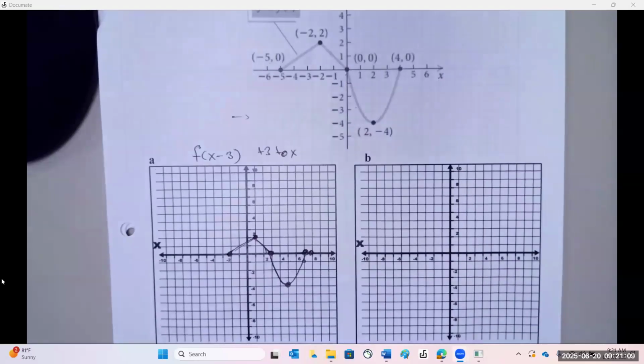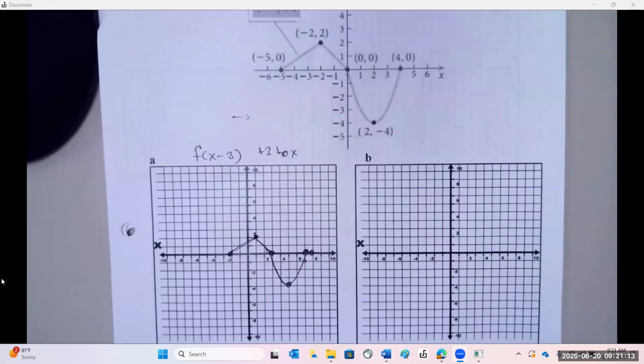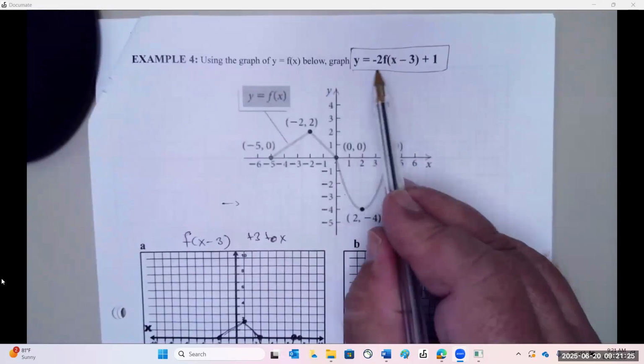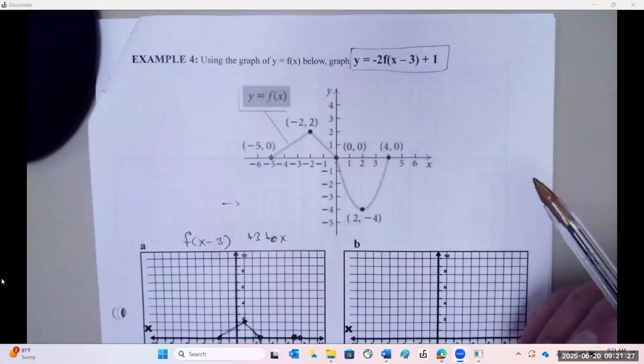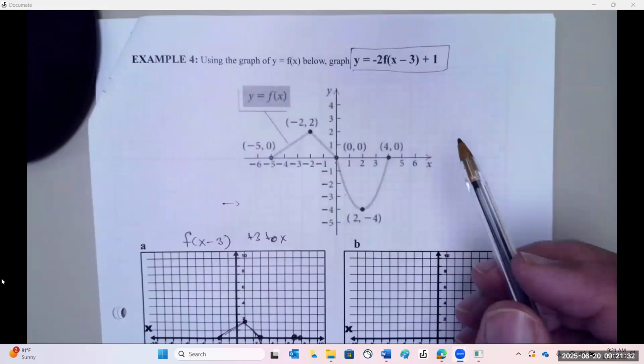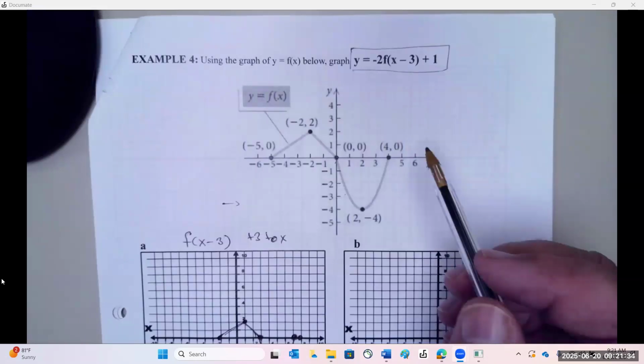Always start off with your horizontal shifts. See what x does. Is there any coefficient in front of the x? Here's our function. Is there a b value? Where's b?